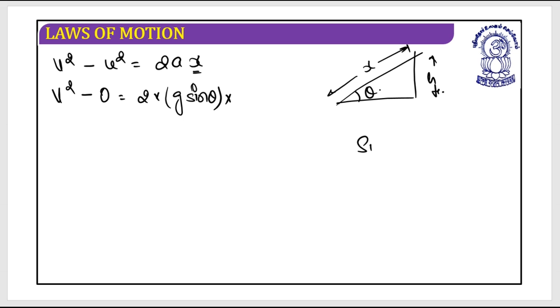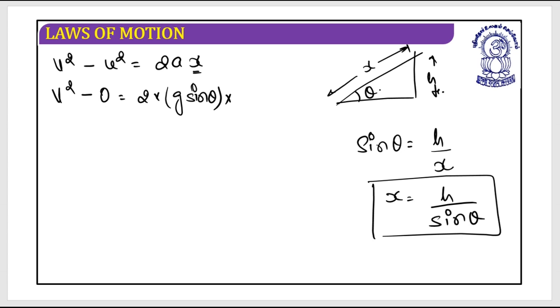This x can be replaced: sin theta equals h by x, so x equals h by sin theta. Do remember this; we are not going to write this every time. It's h divided by sin theta. The sin theta cancels, and v square equals 2 into g into h. That's it. You did it.